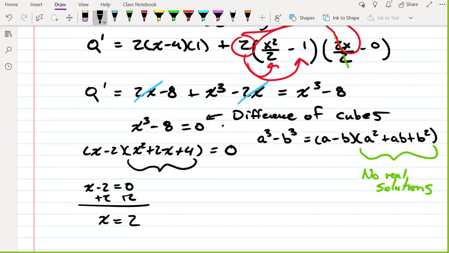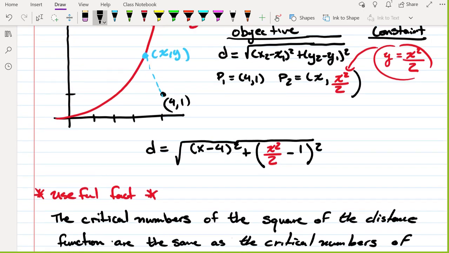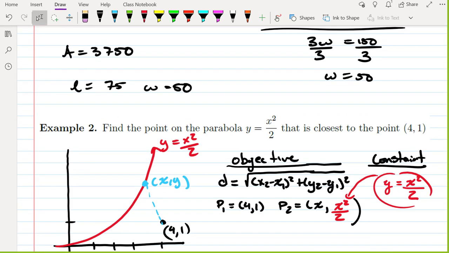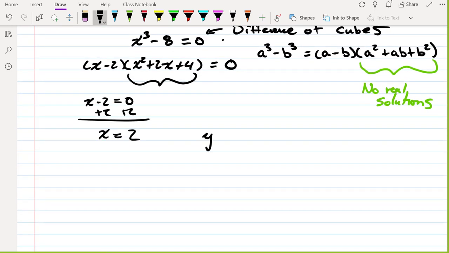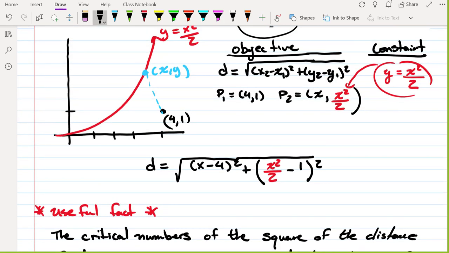So then to find the corresponding point on the graph, we're going to use this function. So then we would have y is equal to 2 squared over 2, which just gives us 2. So the point on that parabola that is closest to the point 4, 1 is 2, 2.